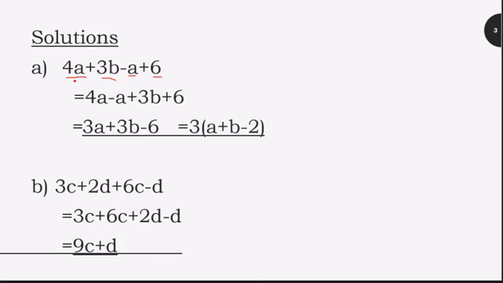Numbers which are attached to letters. A number here which is attached to a letter, for example 4, is called a coefficient. A letter here which is attached to a number in an algebraic expression is called a variable. Okay, we will learn more about that as time goes on.